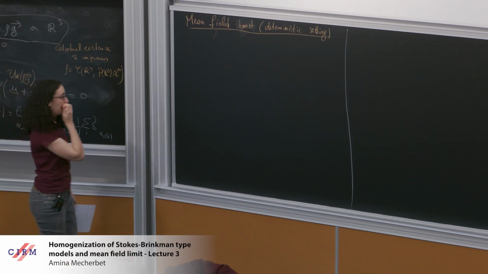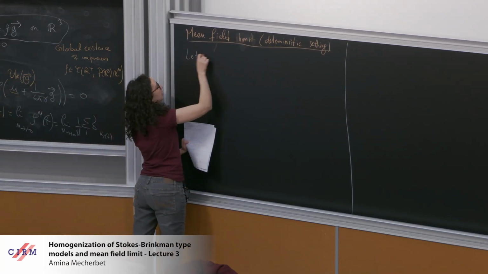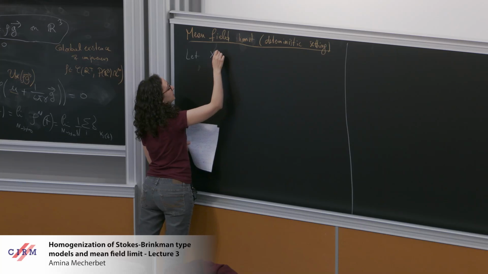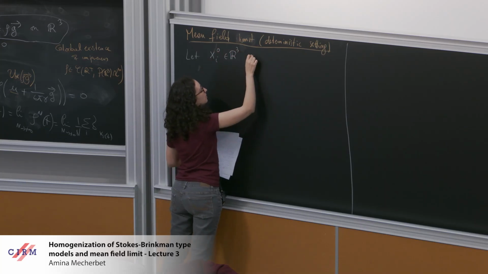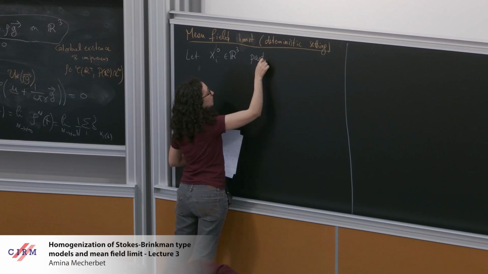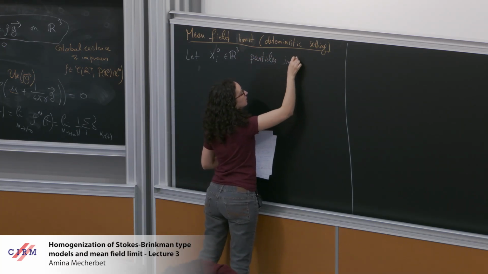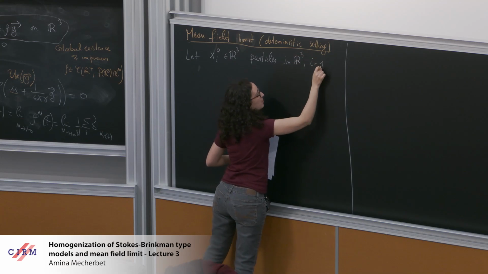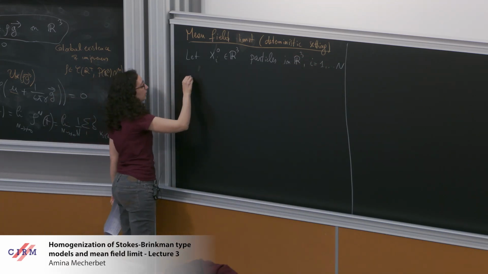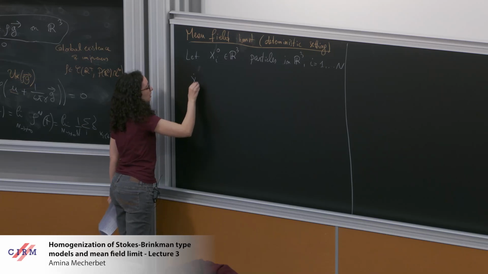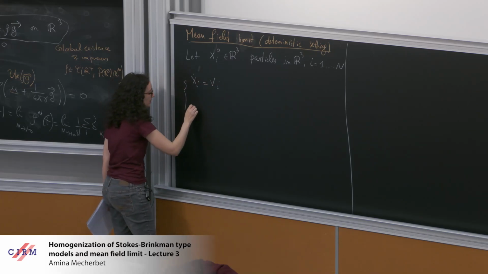Imagine that you have some particles initially. So let x_i^0 be some particles or positions in R3. And we give ourselves N particles like this. And we assume that these particles will evolve through a system of ODEs, which might be a second order system like this.